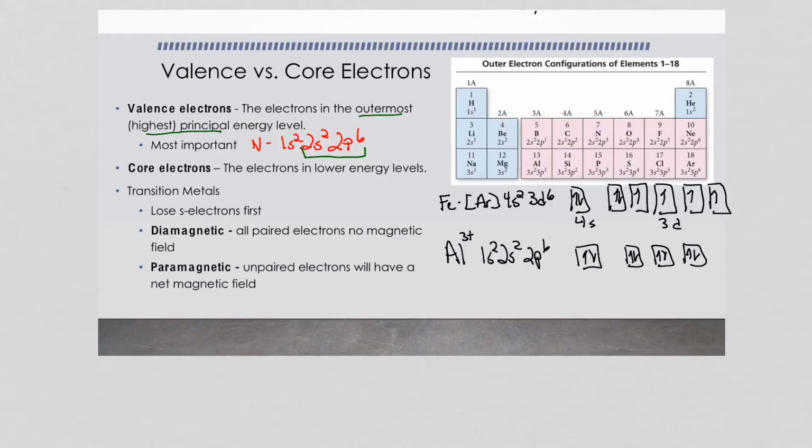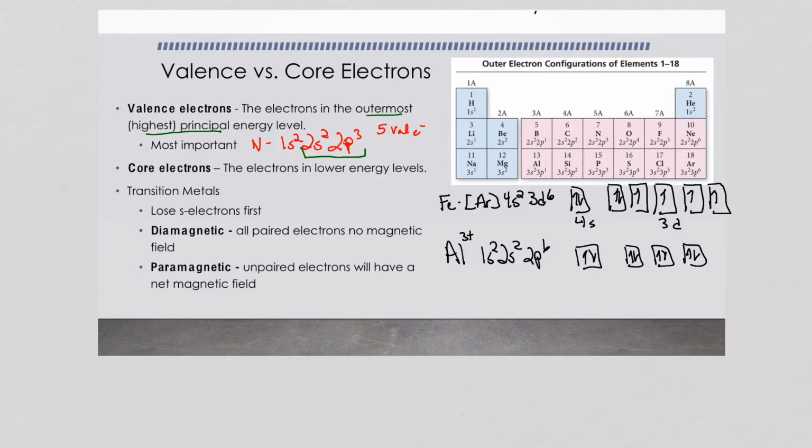So, for example, nitrogen has an electron configuration of 1s2, 2s2, 2p3. Since 2 is the highest principal quantum number, all of the electrons in any of the orbitals in the second principal energy level would be the valence electrons. So the 2s2 and the 2p3, or the 5 valence electrons here.